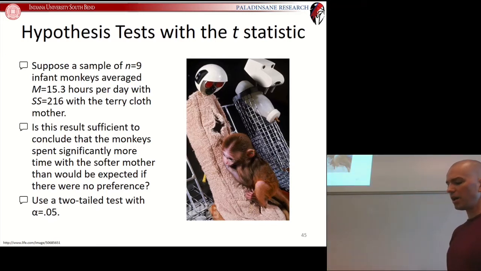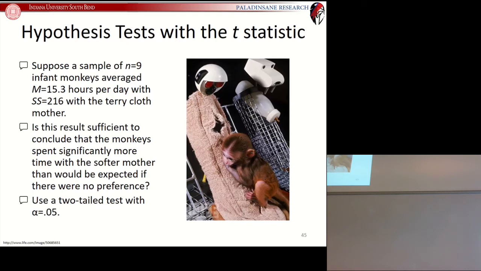So we know that our sample has spent 15.3 hours with the terry cloth mother, which means that either they belong to this population of monkeys that have no preference for either mother.